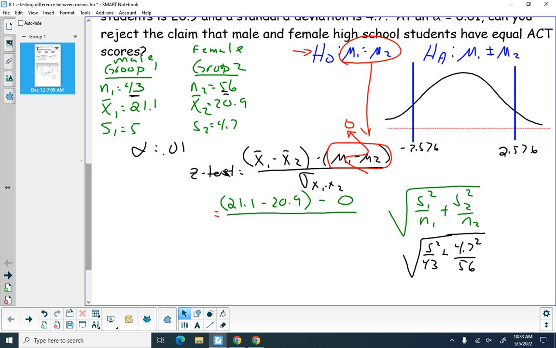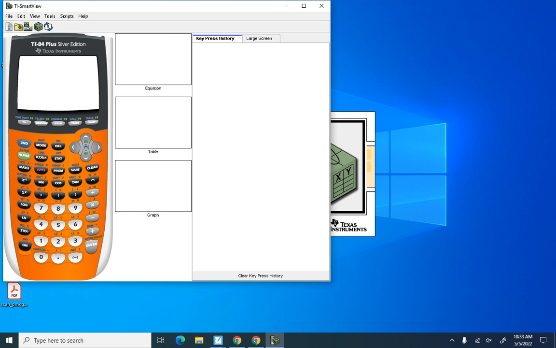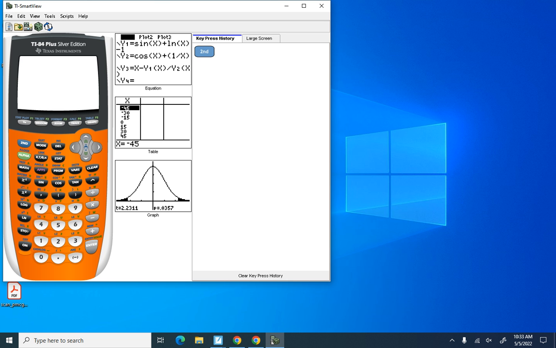So you can go second square root 5 squared divided by 43 plus 4.7 squared divided by 56.